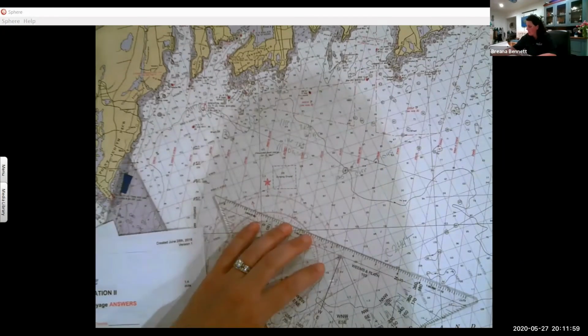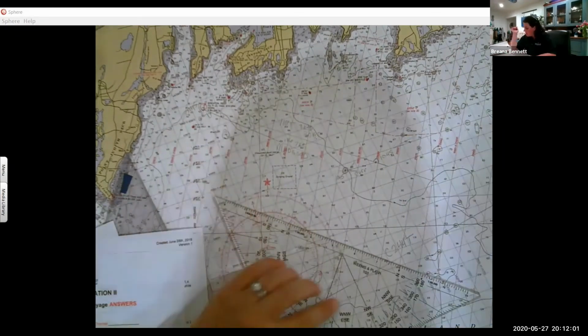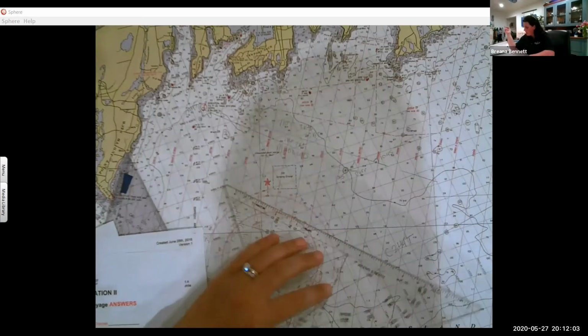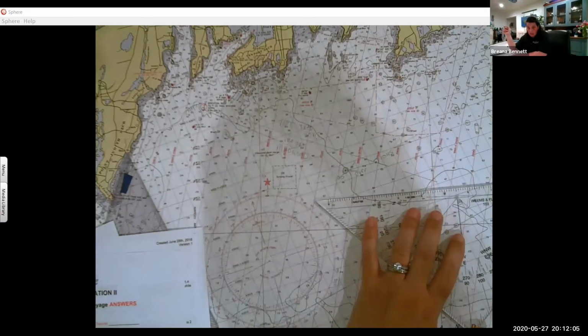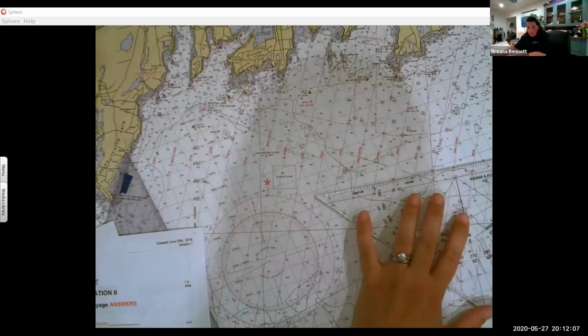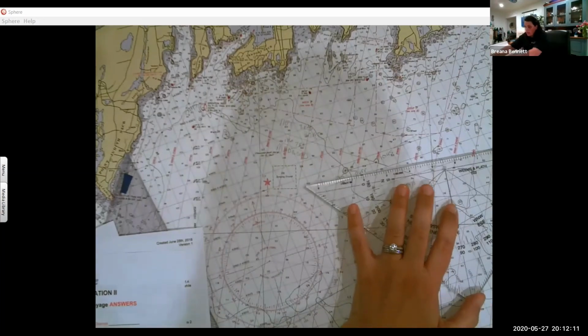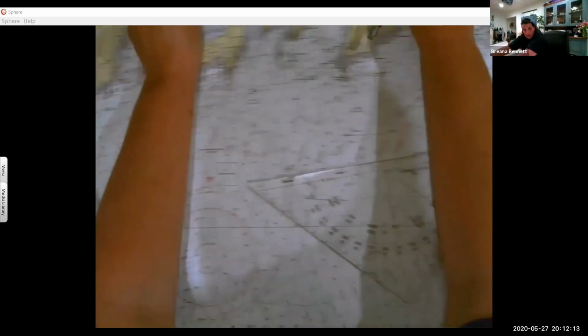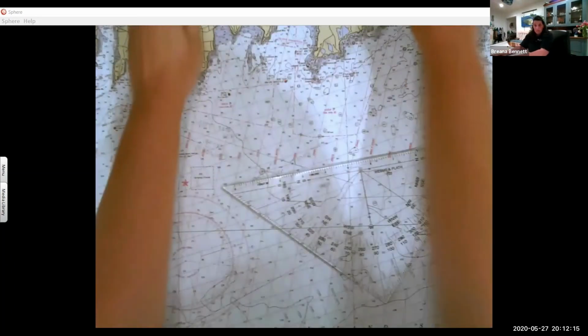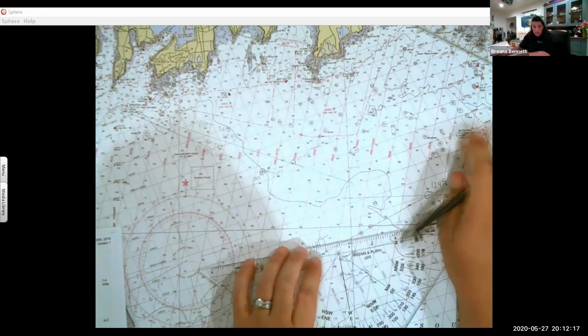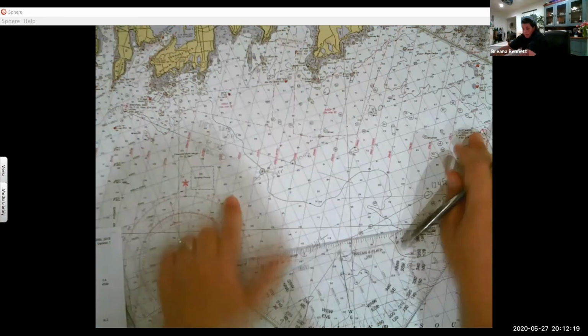We're drawing our line that we want to make good. Where can you see us on the chart? Can you see Buzzards? No, you can't see Buzzards. Here. Can you see Buzzards Light now? Yeah.